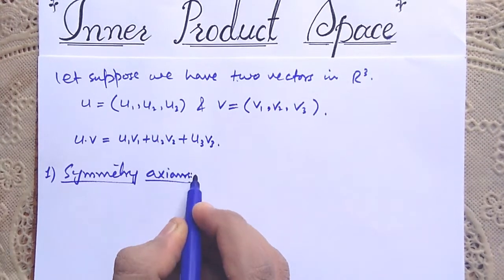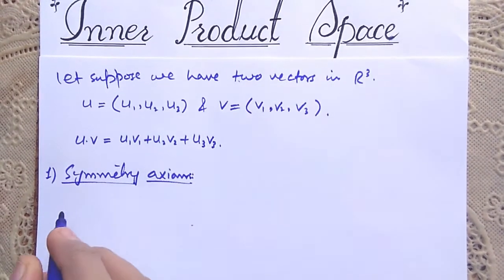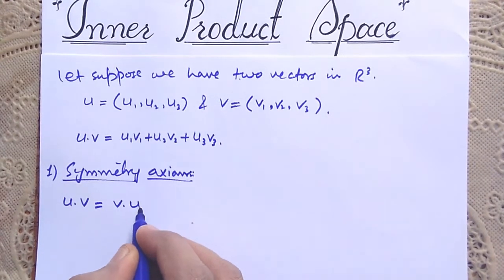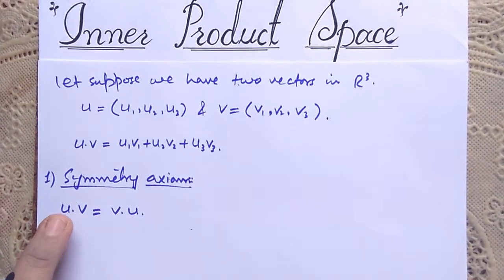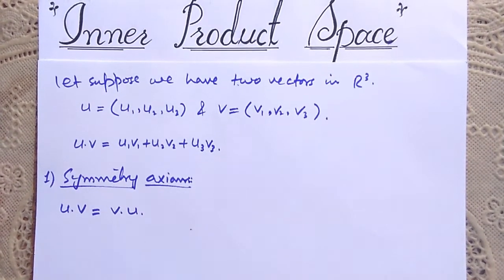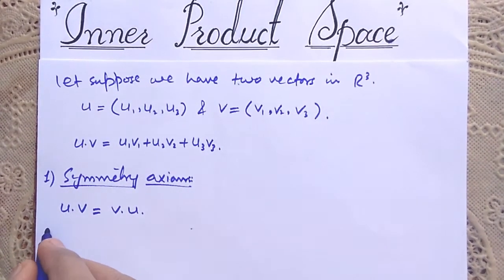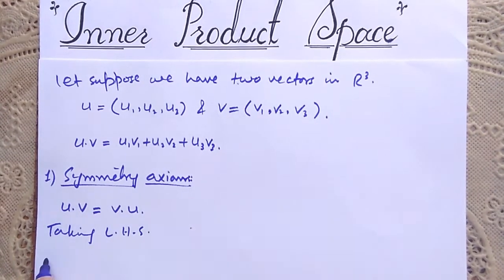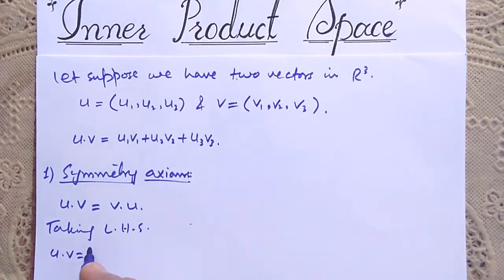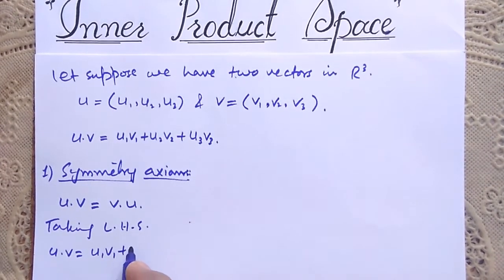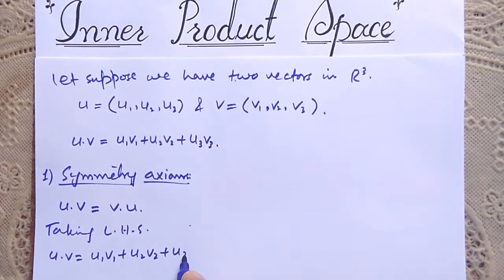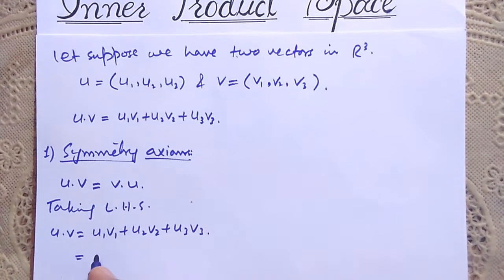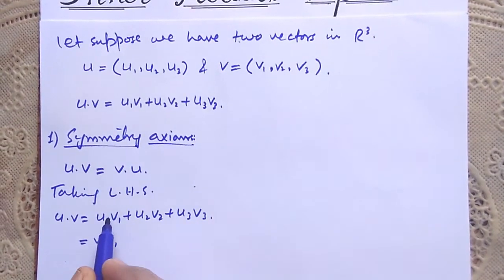Symmetry Axiom. So in terms of dot product, the Symmetry Axiom will be u dot v is equal to v dot u. Means we are required to prove that u dot v is equal to v dot u. So let me prove. Taking the left hand side, u dot v is equal to u1 v1 plus u2 v2 plus u3 v3, and we can write u1 v1 as v1 u1 because multiplication is commutative.